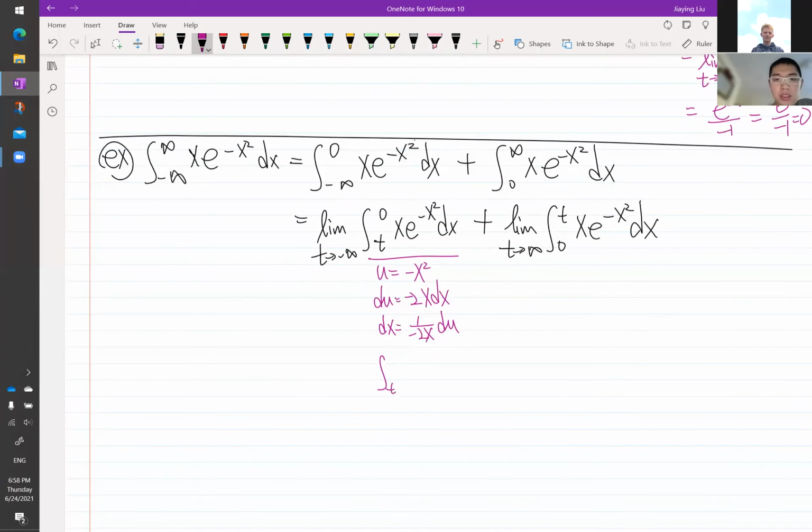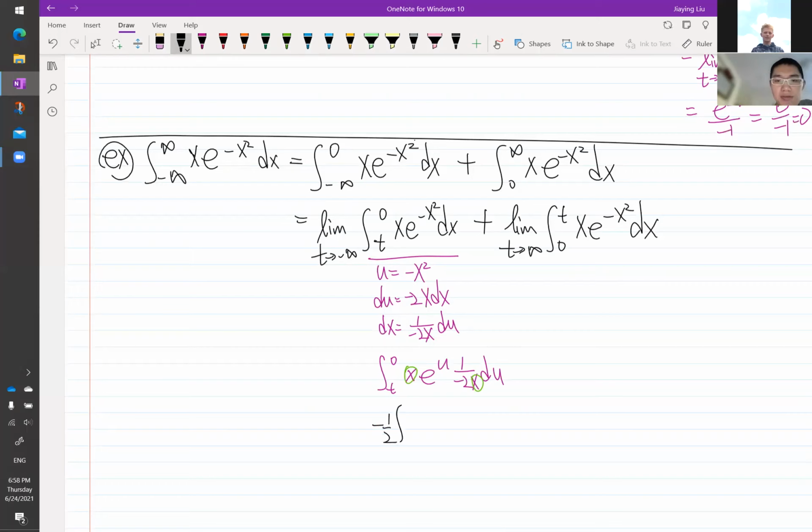So from t to 0, x e to the negative x squared becomes e to the u. dx becomes 1 over negative 2x du. The good thing about the x is that they cancel out. So there's no x, and the negative half, you can bring to the front.